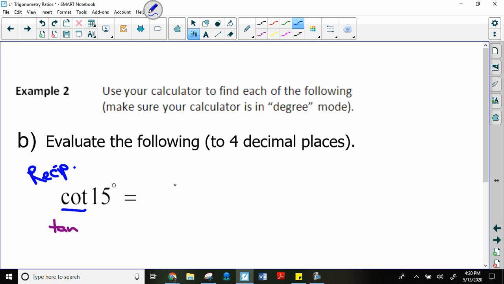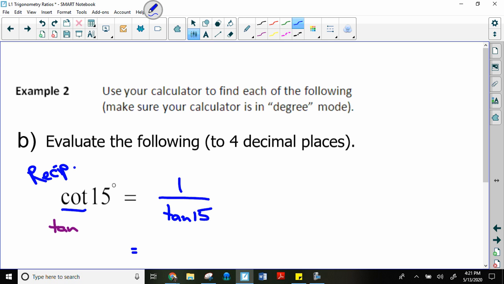If I go 1 divided by tan of 15, I'll get the answer for cotangent. We have to force things back into cos, tan, and sine, because if you look at your calculator, you don't have a cotangent button. Anytime you want to solve questions that have to do with the reciprocal, you have to force them back into cos, sine, and tan. So this we can solve on a calculator now.